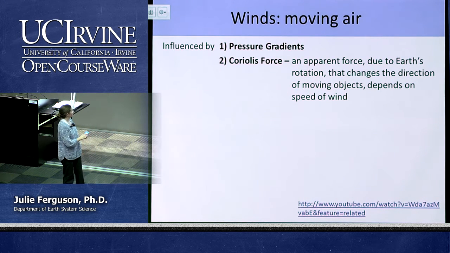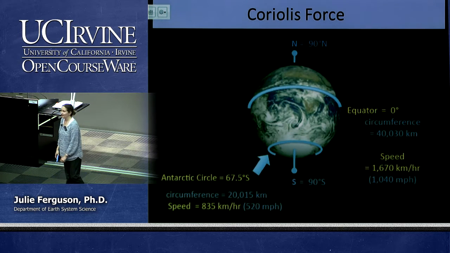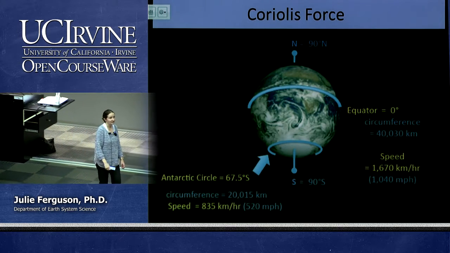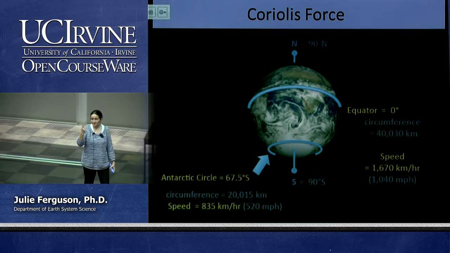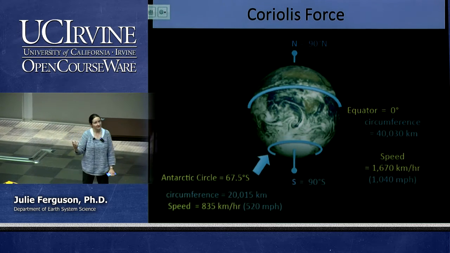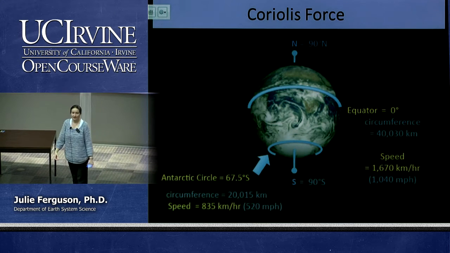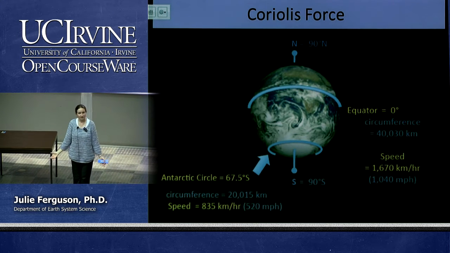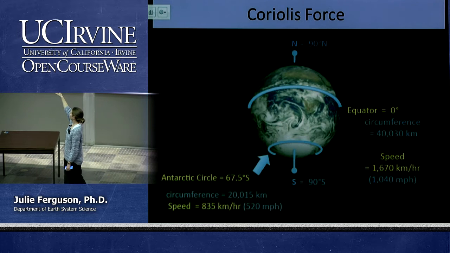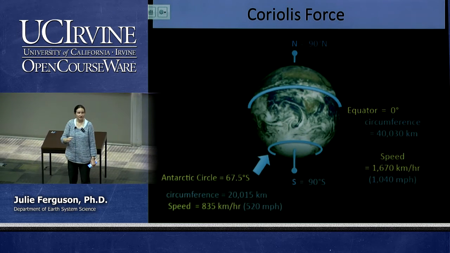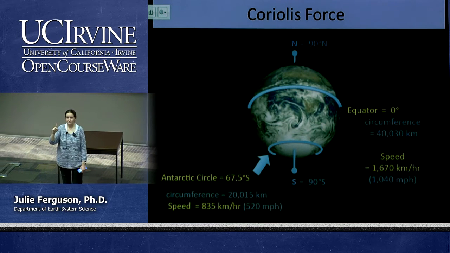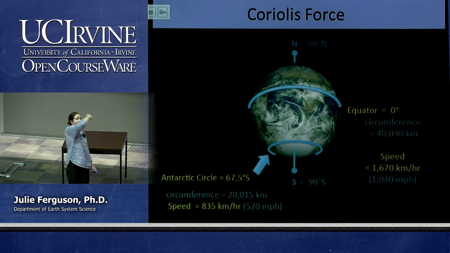So, never mind. Let's think about the Earth. The Earth is spinning, and we rotate once every 24 hours. That's what gives us our day and night. So let's think about what that means for, say, a person stood on the equator. If a person is stood on the equator in the middle of my image there, then in 24 hours, they have to travel all the way around and back to where they started.